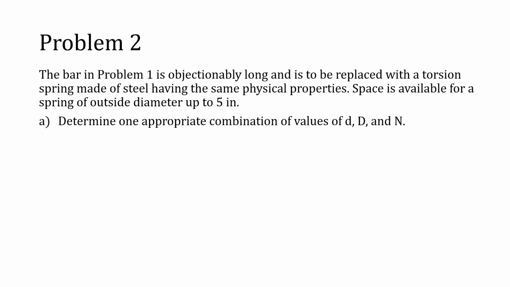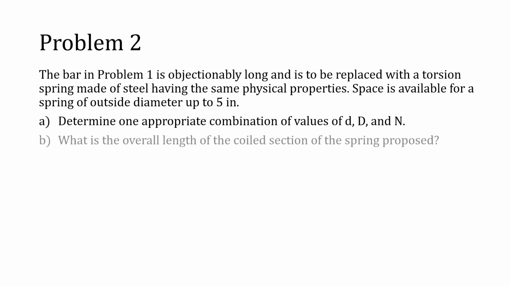So there's a few things we have to do. Part A, we have to determine an appropriate combination of values of d, D, and N. Little d is the diameter of the wire that makes up the coil, large D is not the outer diameter, but the diameter to the midline of the wire thickness, which is kind of confusing, but I'll show you in a figure. And N is the number of active turns on the coil.